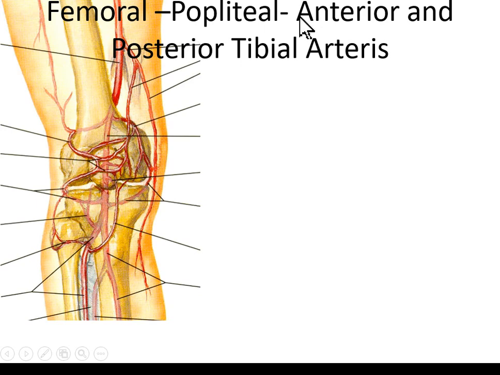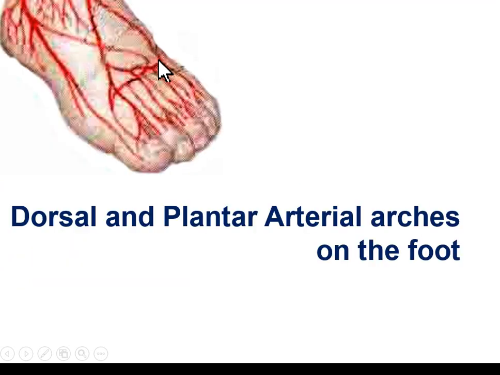Popliteal artery subdivides into the anterior and posterior tibial arteries. Anterior tibial artery and posterior tibial artery. On the foot, we have the dorsal and, on the plantar surface, plantar arteries.